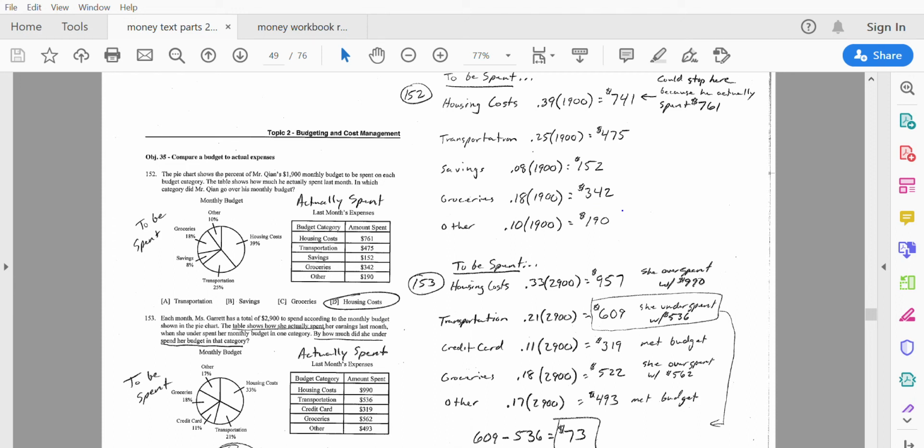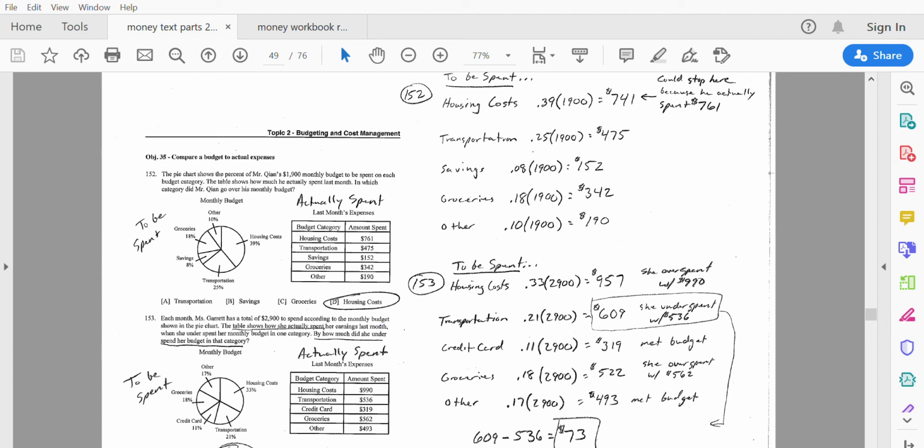Her budget's 957, so this was bigger than the budget. Transportation budget, 21% from the chart over here, times 2,900. The budget is 609. Here she actually spent 536.